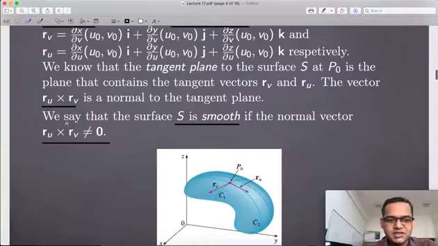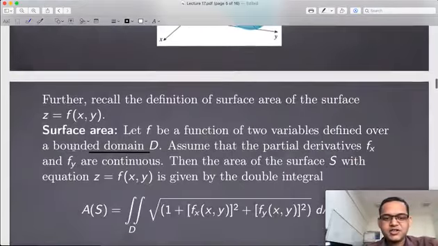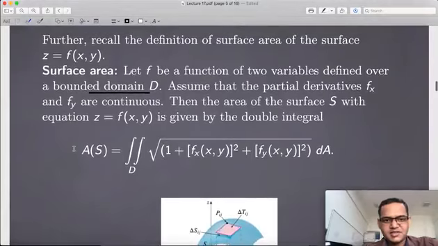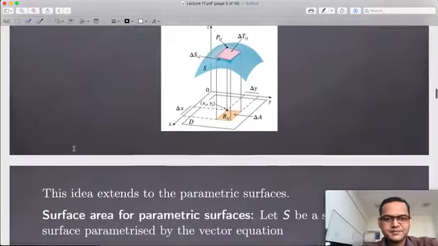Now the surface area component is going to involve the magnitude of this, because we know that the area of the parallelogram determined by r_u and r_v is just the magnitude of the cross product. This is precisely what I had just said.